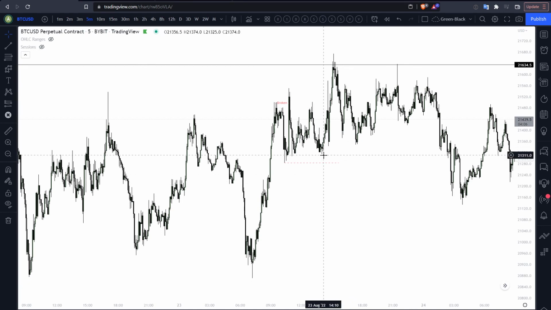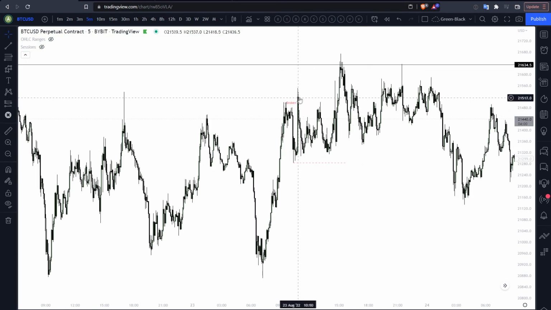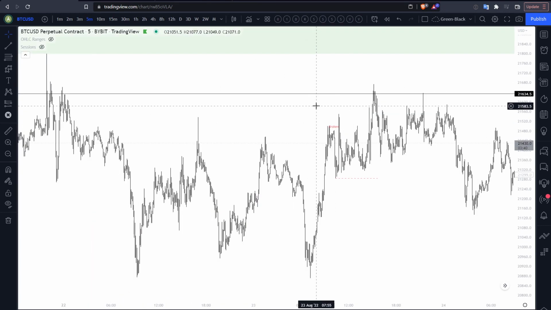Point number 2. When we zoom out a bit, we can see that this high, which was taking out the liquidity above this one, was really short here, which basically is forming relative equal highs here and here, which are usually places of liquidity raids. So everyone who was shorting from this area here was placing their stops here and here and here and here.